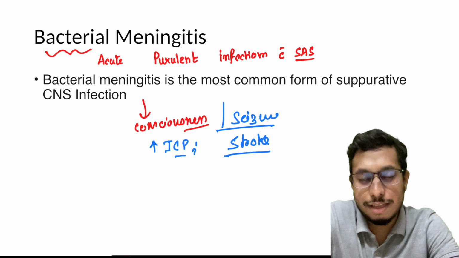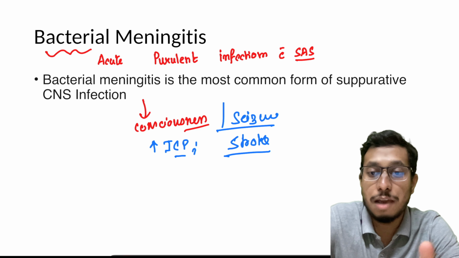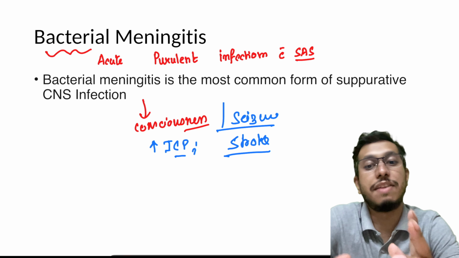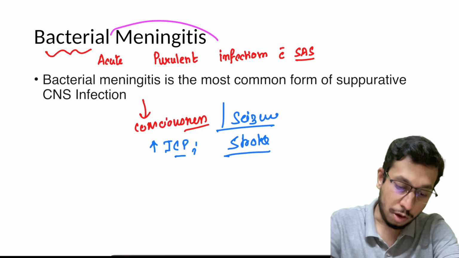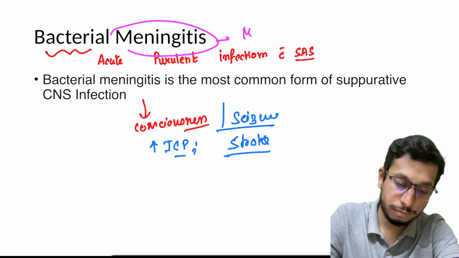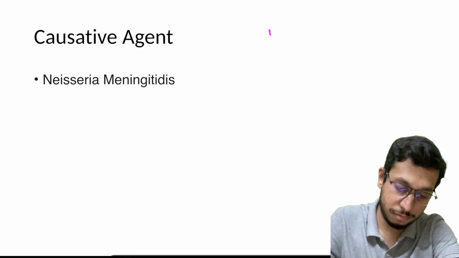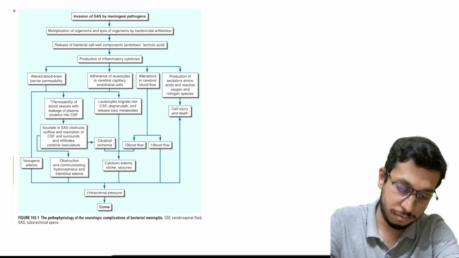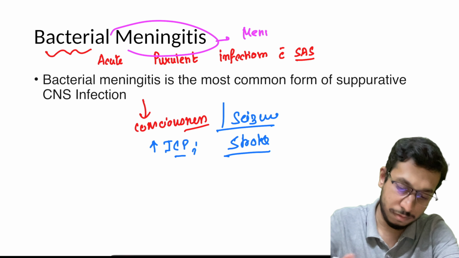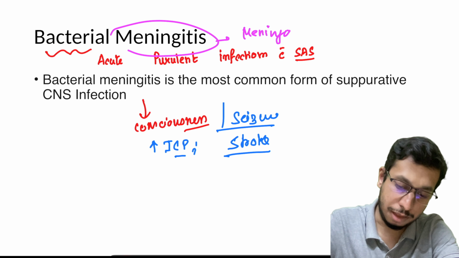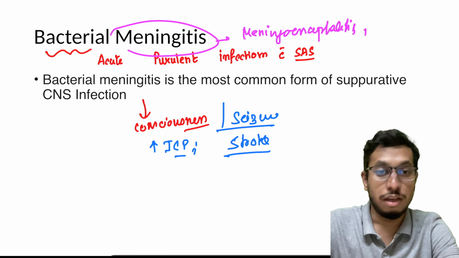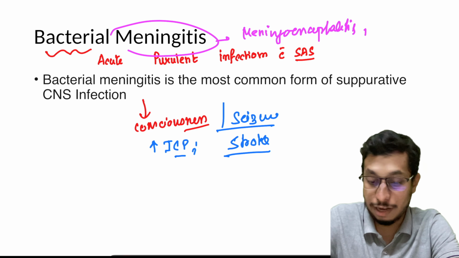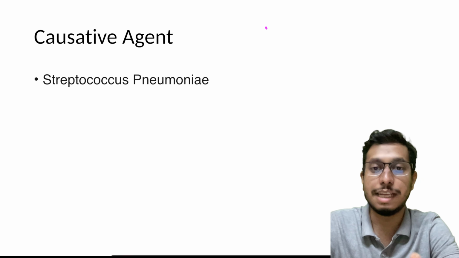So the meninges, subarachnoid space, and brain parenchyma are all frequently involved in the inflammatory reaction. Then in such cases we call it meningoencephalitis.